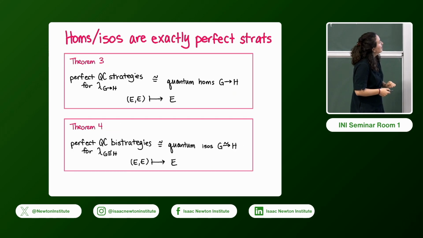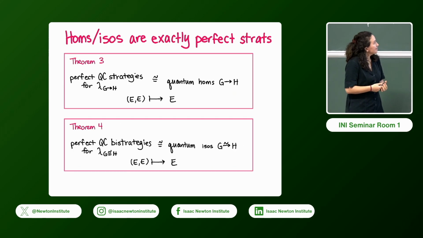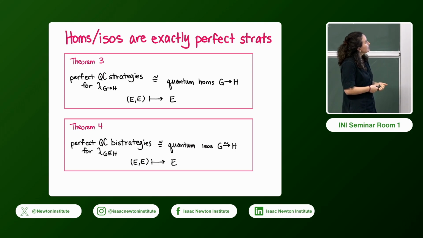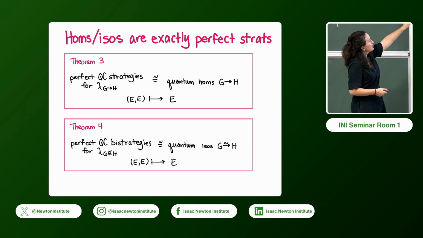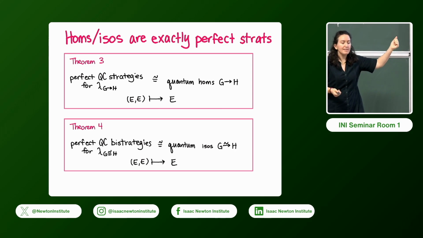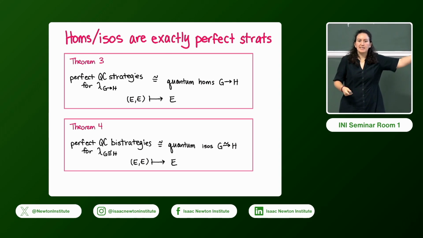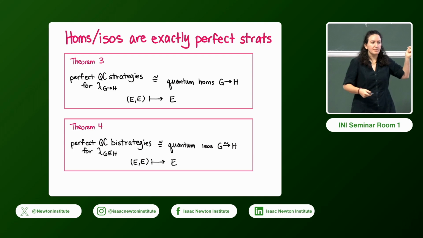But using these definitions, you can show that perfect quantum commuting strategies for the graph homomorphism game from G to H, where G and H may be quantum graphs, are exactly given by quantum homomorphisms from the graph G to the graph H in the sense that we defined 2 slides ago.